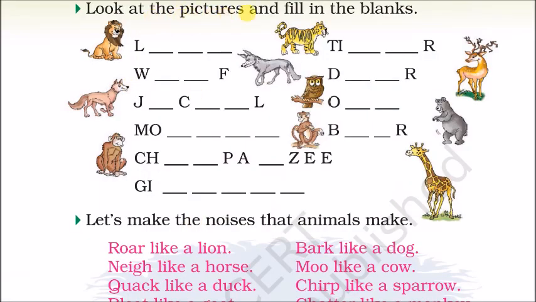Look at the pictures and fill in the blanks. पिक्चर को देखिए और ब्लैंक्स को फिल कीजिए. ये है lion. Lion. This is tiger. Tiger. This is wolf. Wolf. This is deer. Deer. This is jackal.